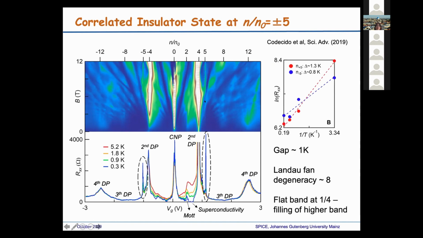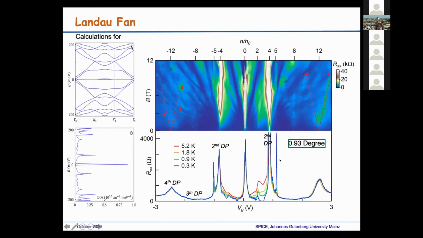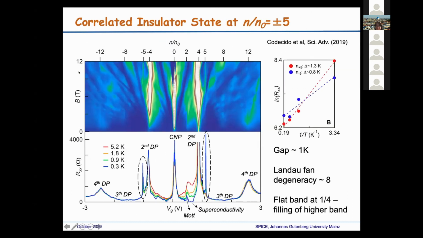So this is a quarter filling of the next band with a degeneracy of about 8. So we do see the flat band at the quarter filling of the higher band.